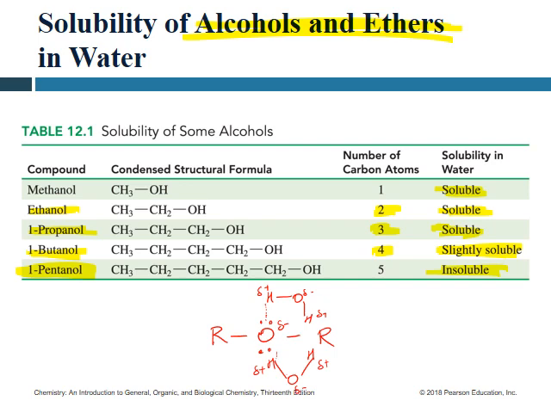So this hydrogen can form a hydrogen bond with oxygen from ether. So this would also make ether soluble in water, but whenever the size of this group increases, it would become less soluble, right?